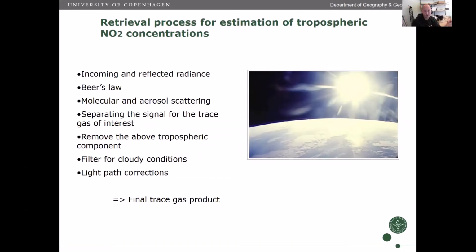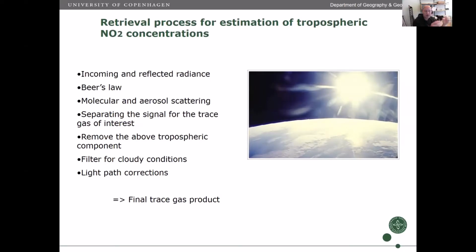So we start with having incoming and reflected radiance. And then we will use a model which is called Beer's law, which relates the amount of radiation that is absorbed with the concentration of basically anything. This is just a law, but in our case, the concentration of an atmospheric air pollutant, a trace gas.